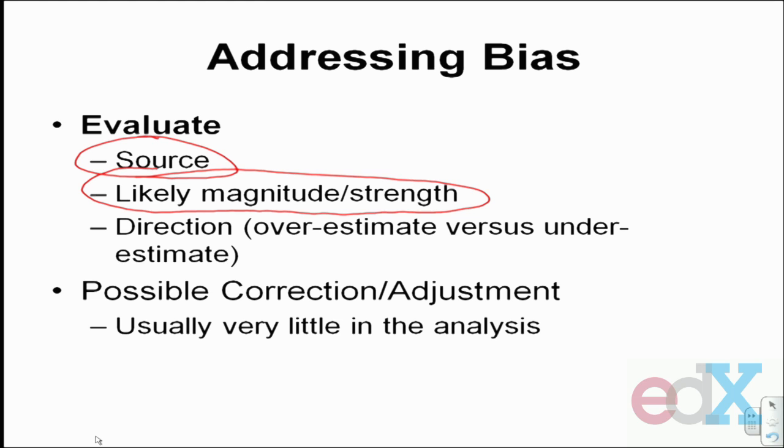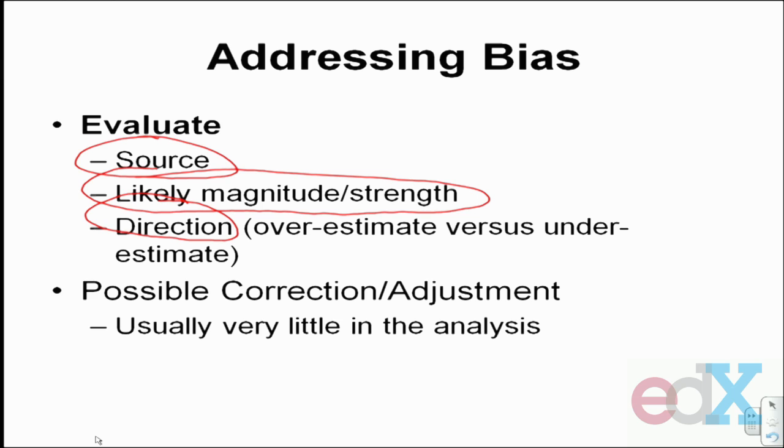So you try to get some idea of the impact, the magnitude of the bias. How far away from truth is your observed measure of association? And more importantly, what you try to identify is the direction of the bias in your study. Is your result that you observe, your prevalence ratio of 0.82, an underestimate or an overestimate of the true association between smoking and the prevalence of heart disease?